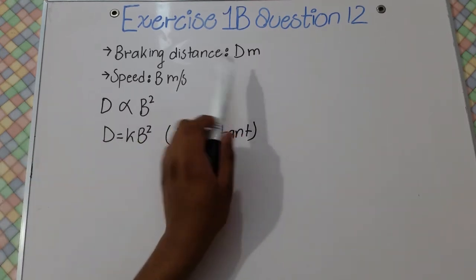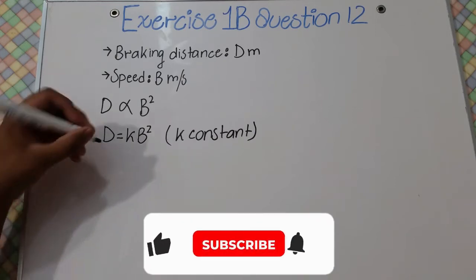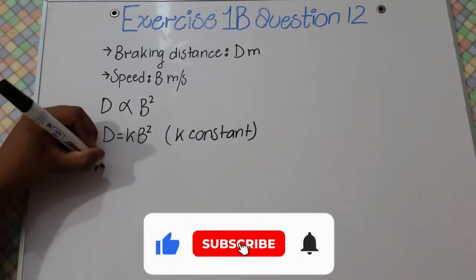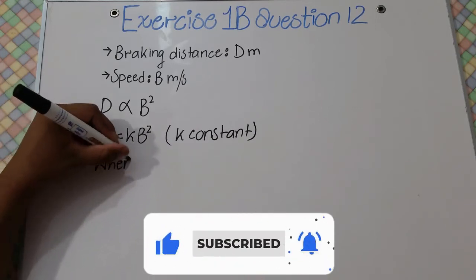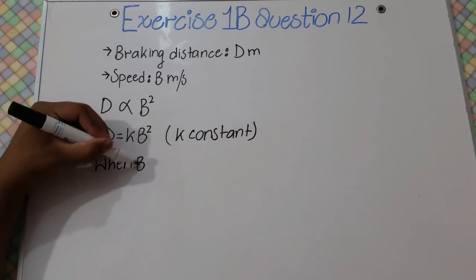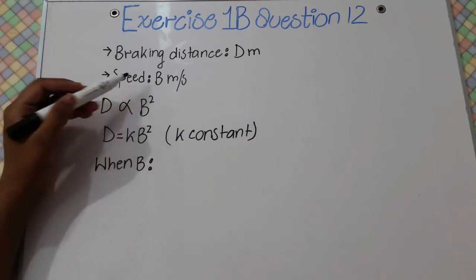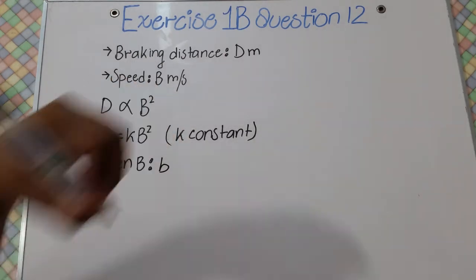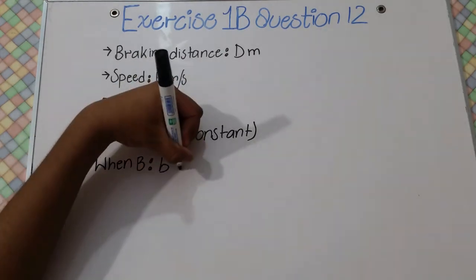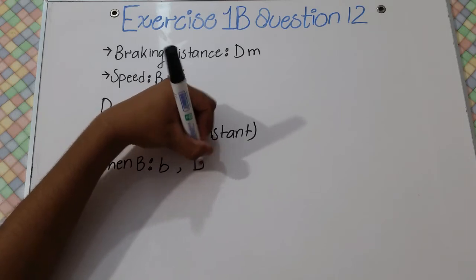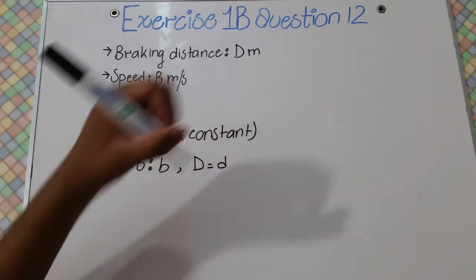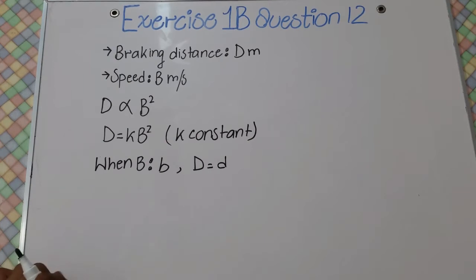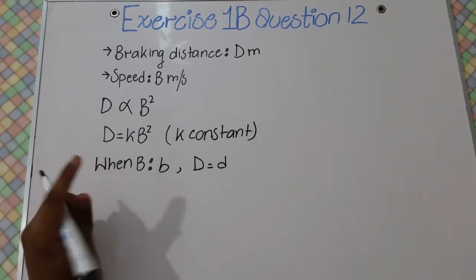I have taken two values: when capital B, the speed, which they have given as small b in the question, equals small b, capital D equals small d. These are the two values we are going to substitute.